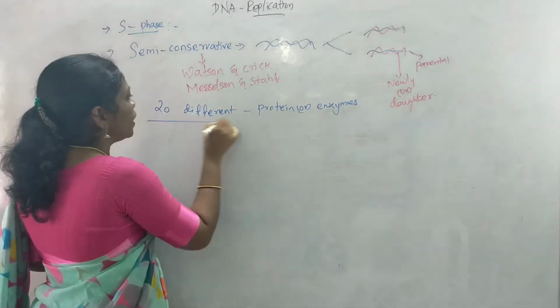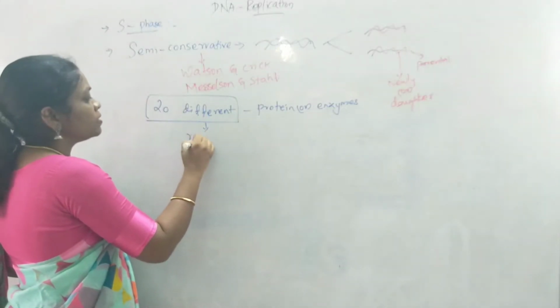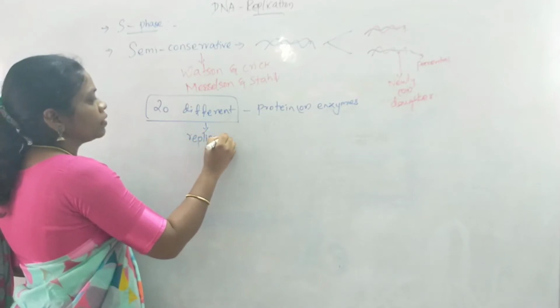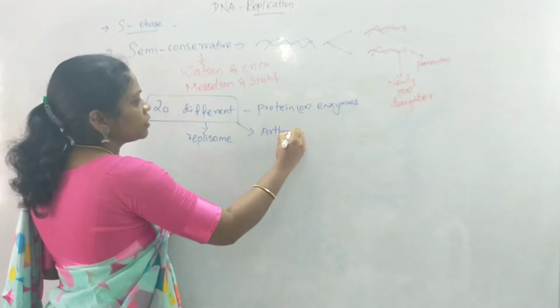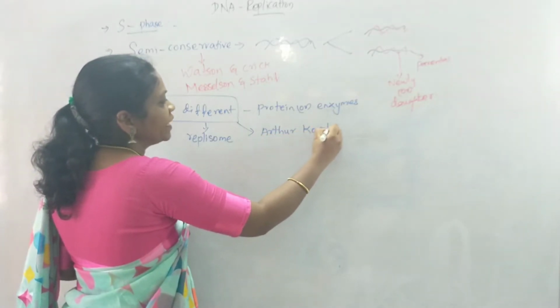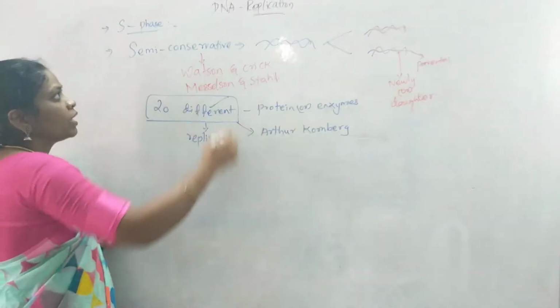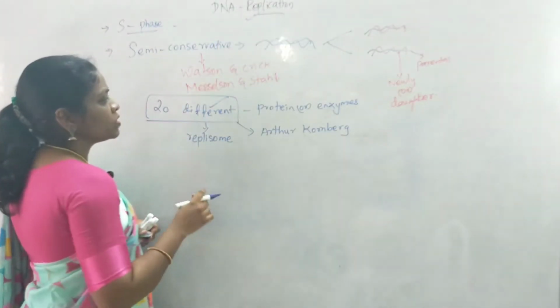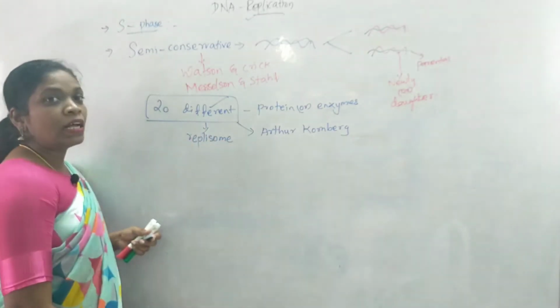This complex of 20 different proteins is known as the replisome, and this was identified by Arthur Kornberg. Arthur Kornberg identified that there are nearly 20 different types of enzymes taking care of the process of replication, and this group of proteins or enzymes together is known as the replisome.